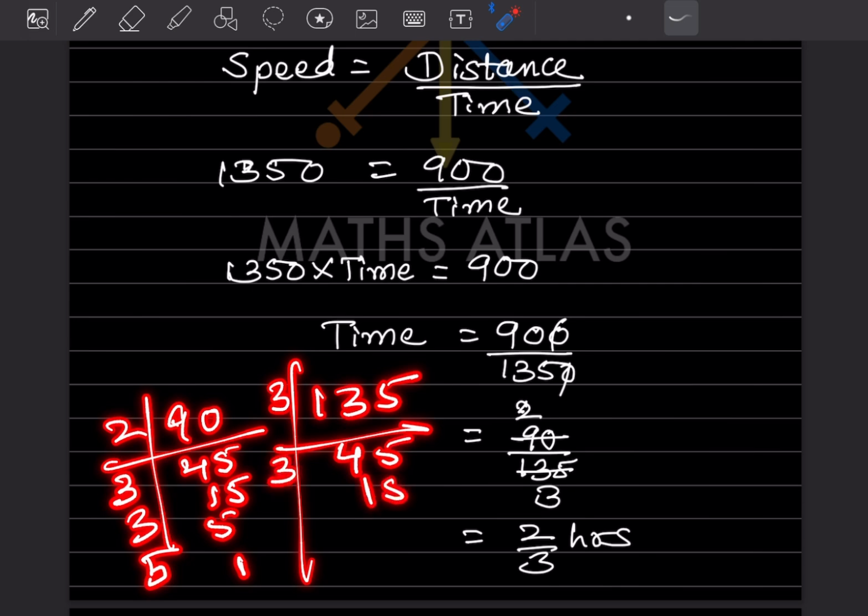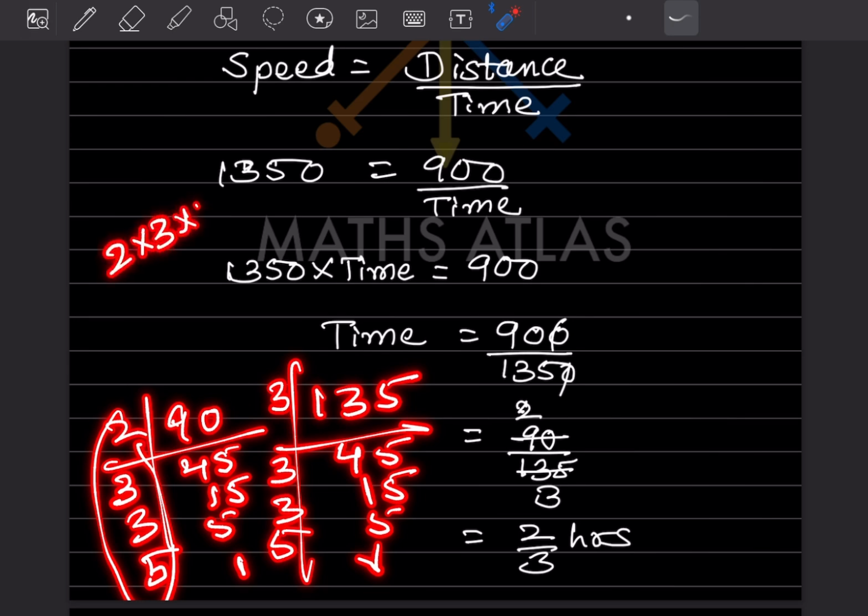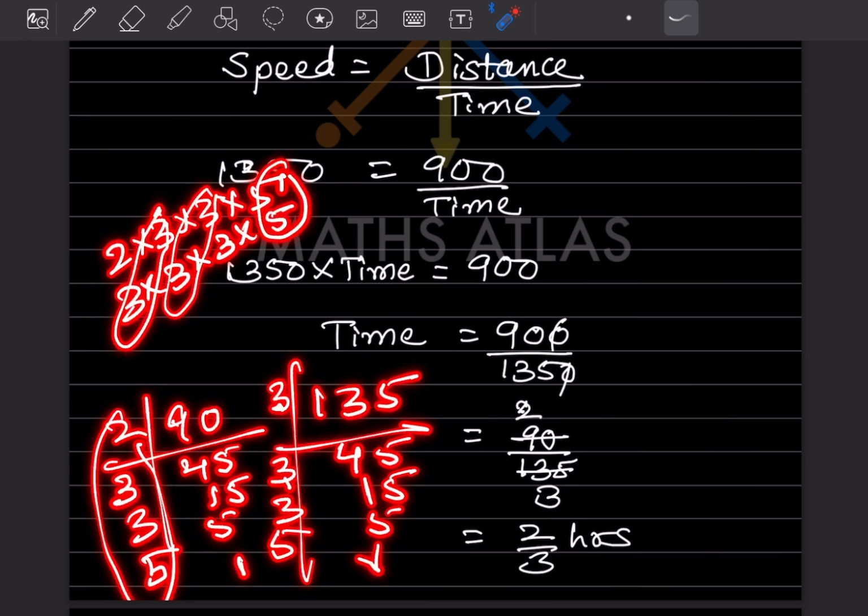Again 3 15s are 45, 3 5s are 15, and 5 1s are 5. So you can see these are the factors. So 2 into 3 into 3 into 5, and 3 into 3 into 5. So what we can see common is 3 into 3 into 5, so this is the HCF, means 3 3s are 9, and 9 into 5, that is 45. So the HCF is 45.